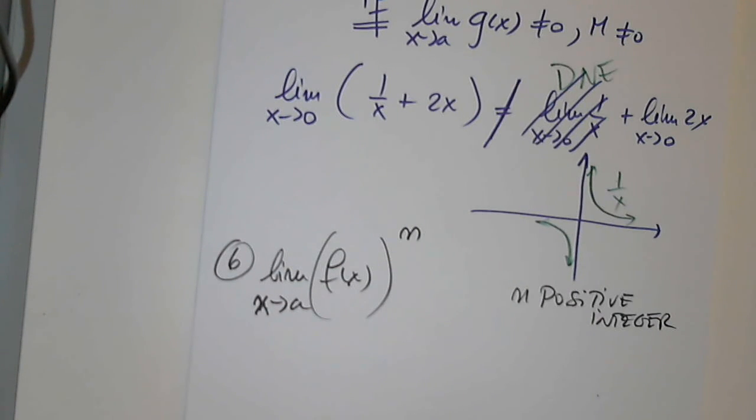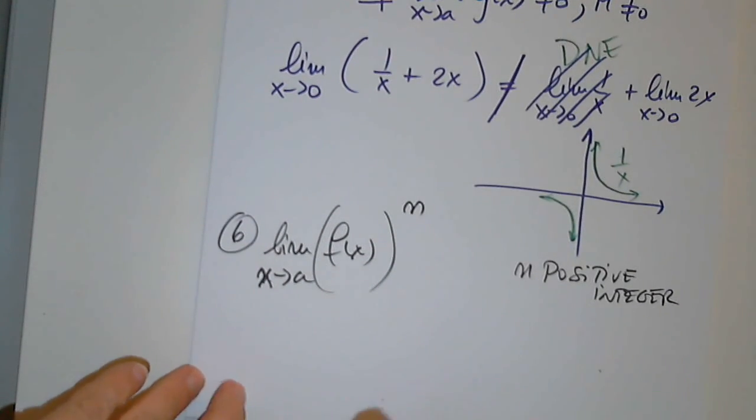It's the limit of 1 over something, right? So let's assume for now that this is a positive integer. This is an extremely important property that we are going to use a lot in the first 2 chapters, especially in the third chapter in your book.